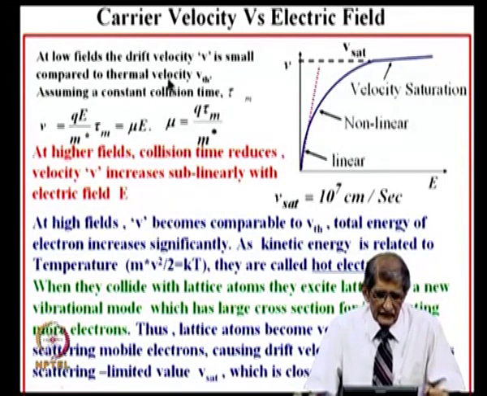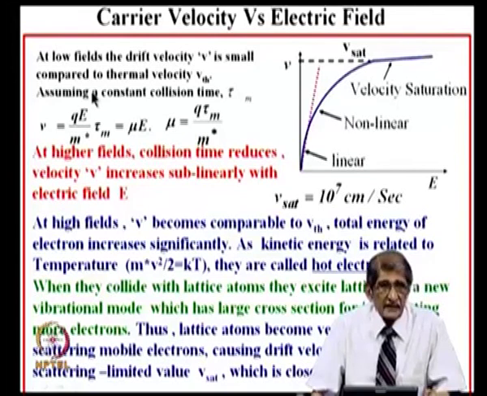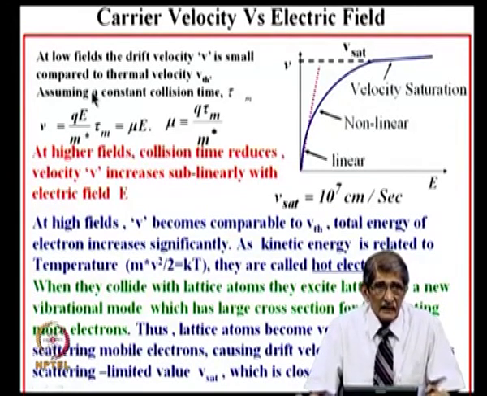Now, this component is superimposed on the thermal velocity. So, you get the current due to the velocity of these electrons, which can be expressed in terms of electric field and collision time. What is collision time? When the electrons move in a particular direction, they get scattered by the lattice atoms, by various effects.